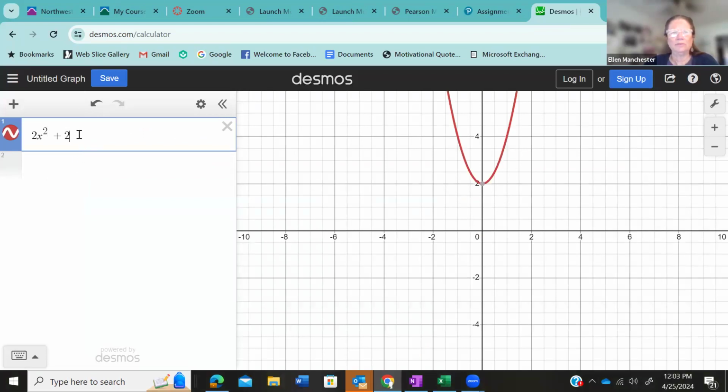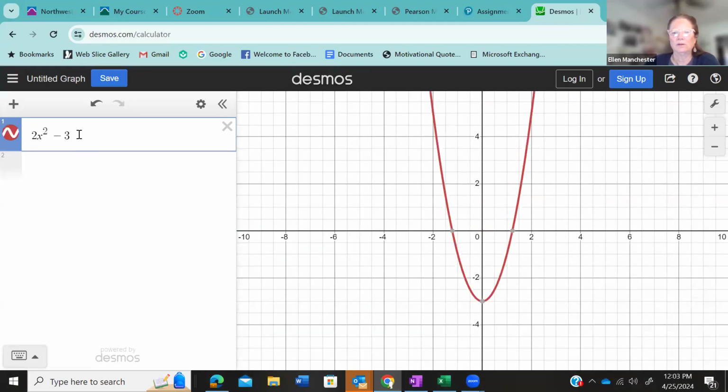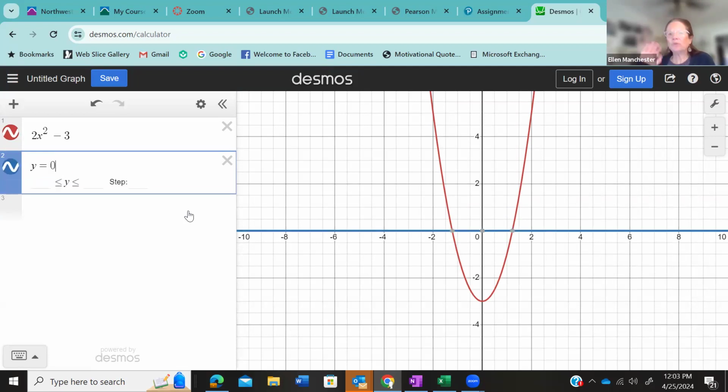The reason why I want you to use Desmos is because on the document that I did in class, I always set it up as the upper curve minus the lower curve. But in MyMathLab, it doesn't tell you which one is which.